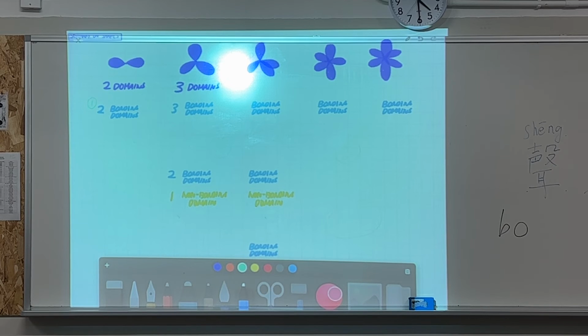So this is possibility 1 under 2 domains. This is possibility 1 and possibility 2 under 3 domains. You have possibility 1, possibility 2, and possibility 3 under 4 domains. And then you have 5 domains, and finally 6 domains.